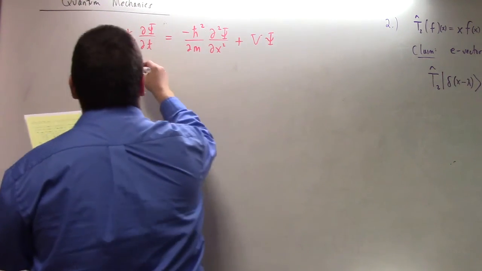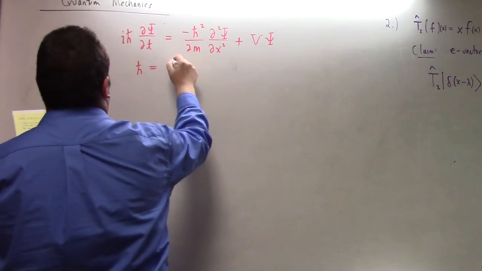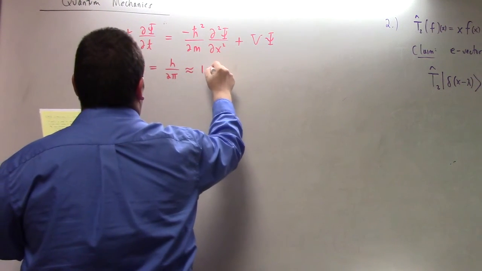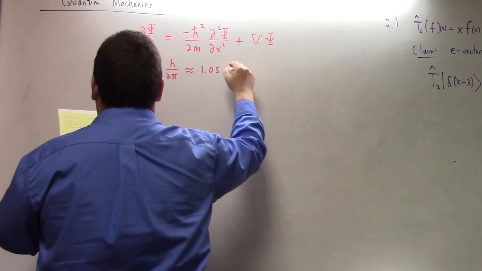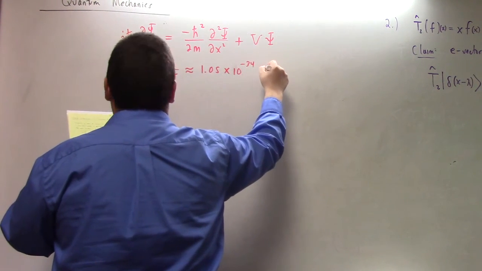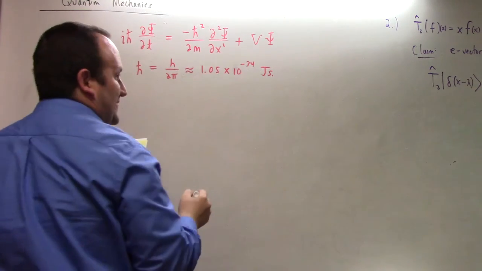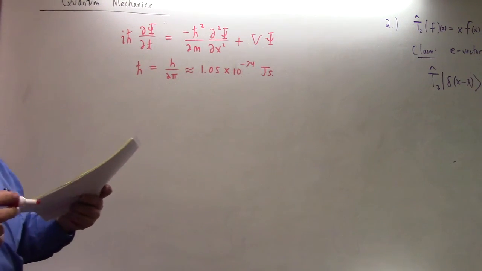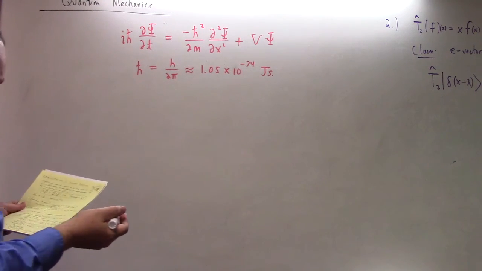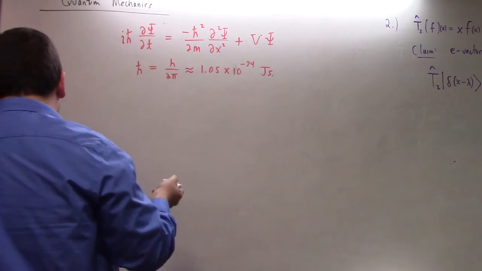Here, h bar is h over 2 pi, and that's approximately 1.05 times 10 to the minus 34 joule seconds. That's a lot of the reason we don't have to talk about this in physics, because it's super small, and it's not something you run into macroscopically that much.